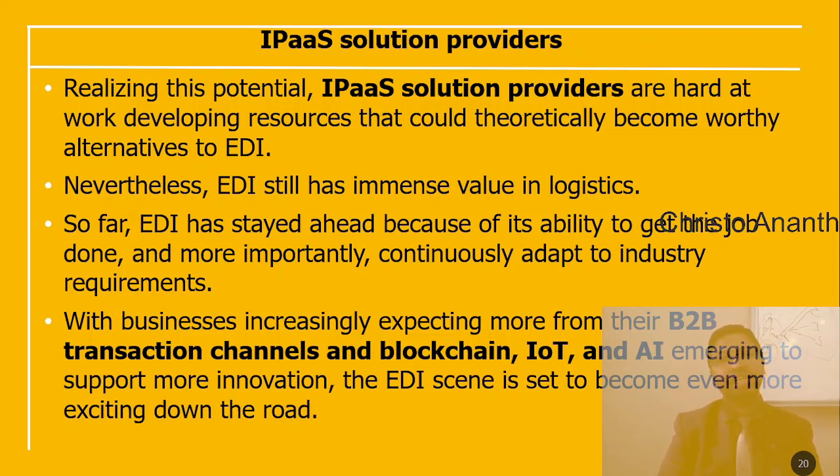So EDI, of course, has a special role in logistics, and EDI has stayed ahead because it has the capability to drive according to industry standards. So with businesses increasingly expecting more business-to-business transaction channels, maybe blockchain, Internet of Things, artificial intelligence, we have EDI to become much more competitive in the business.